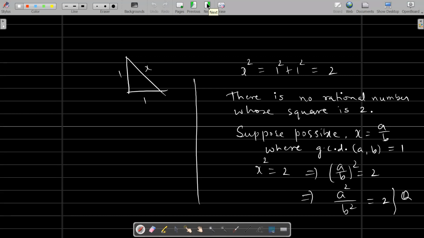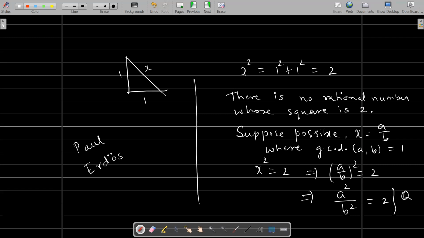In fact, this is a very interesting proof, and many budding mathematicians learned this proof in their early days, and because of this proof, they are motivated to do something in mathematics. One such great example is Paul Erdős.